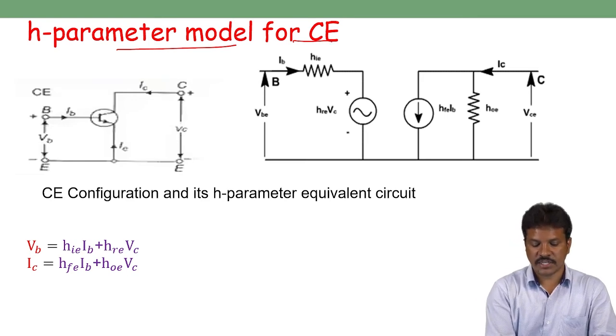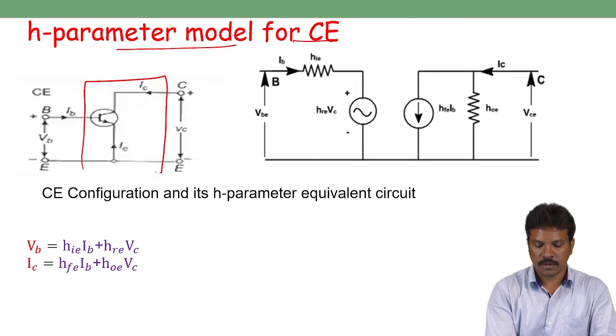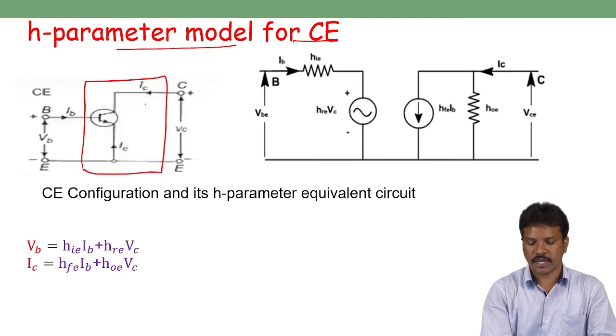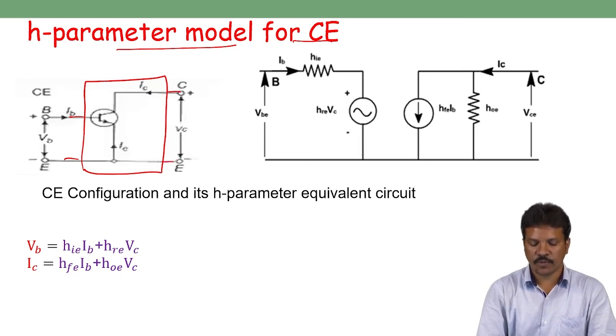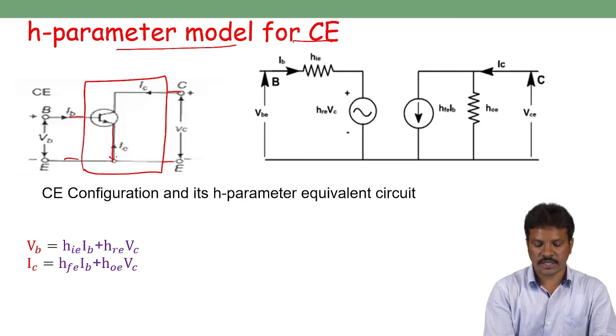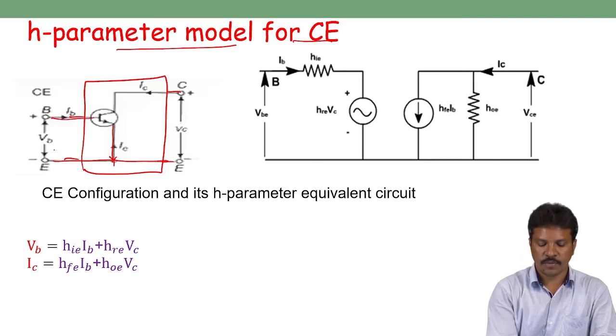The transistor is a linear element connected as a two-port network. One port is 1, 1 dash, and the other 2, 2 dash. In a common emitter configuration, the emitter is connected to ground, common for both ports, input and output port. It is a base terminal, so BE.